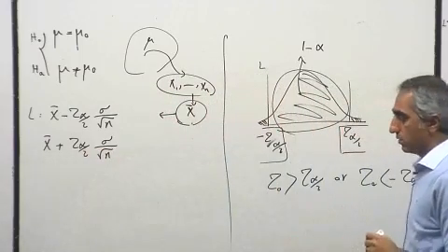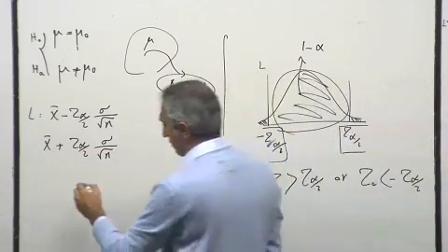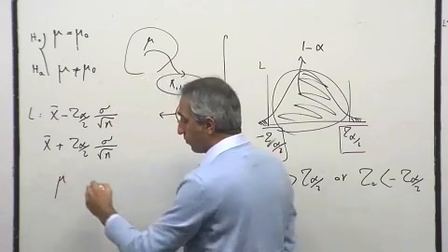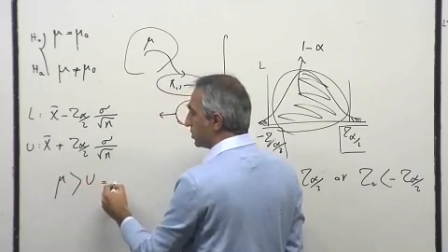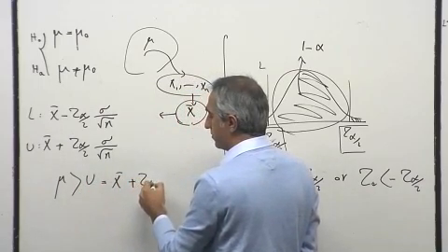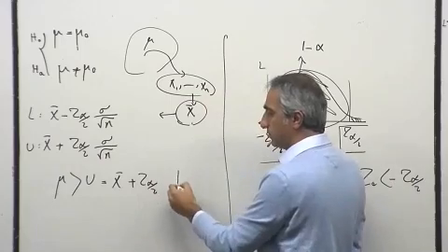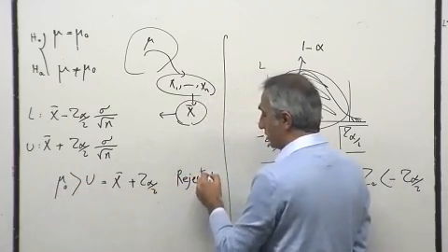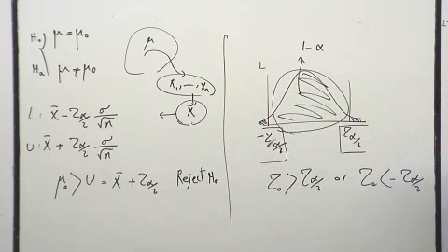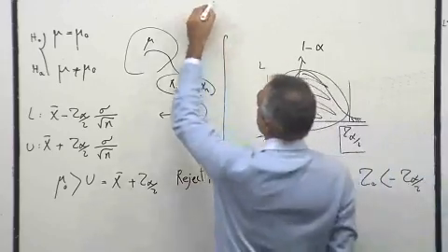Okay? So if mu 0 is outside the interval, what should I do? Reject H naught. Okay? So it's basically something like this.